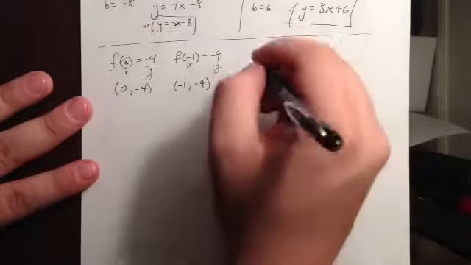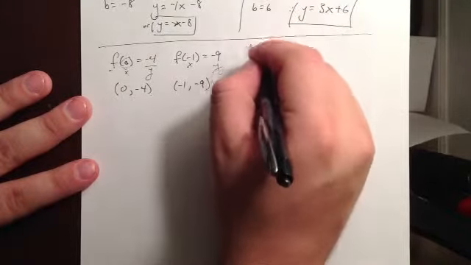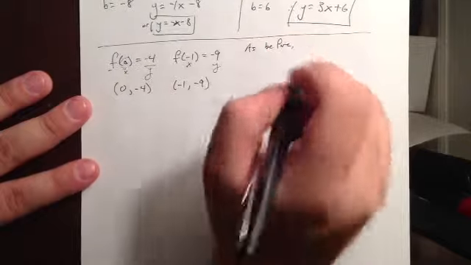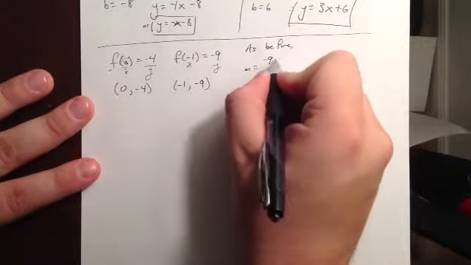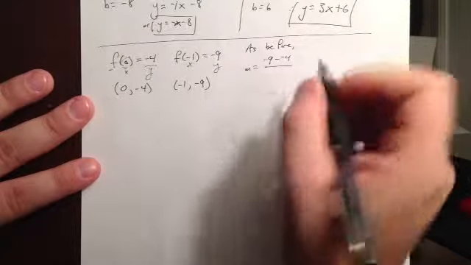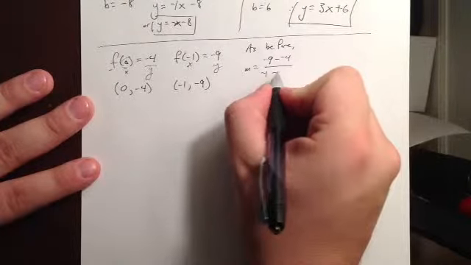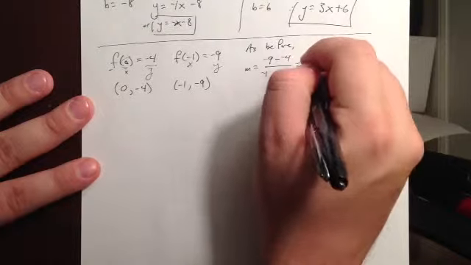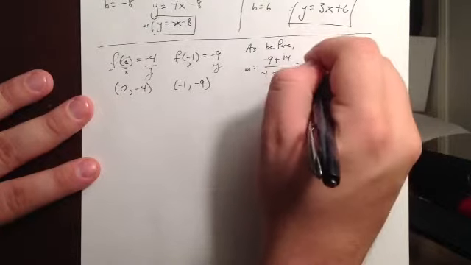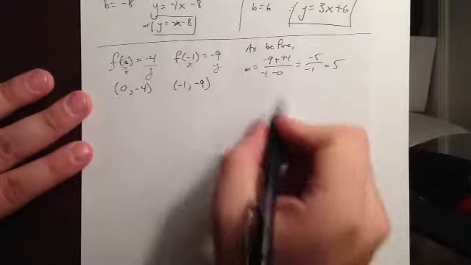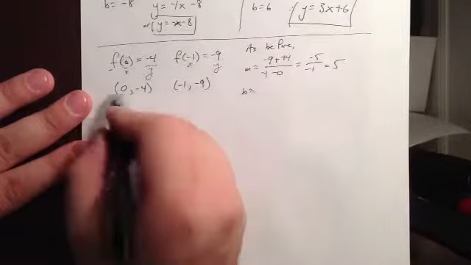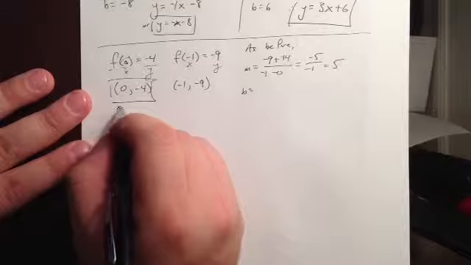So just as before, we'll use the slope formula, -9 minus -4 over -1 minus 0, which is the same as -5 over -1, which is positive 5. Also, as before, the y-intercept is when x is 0.